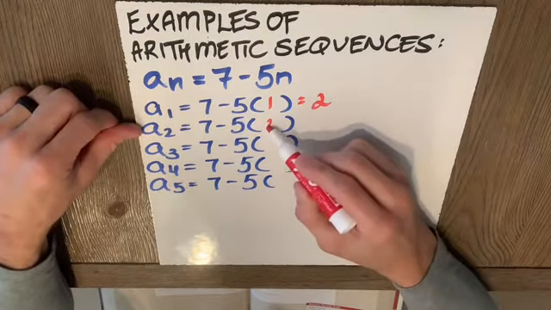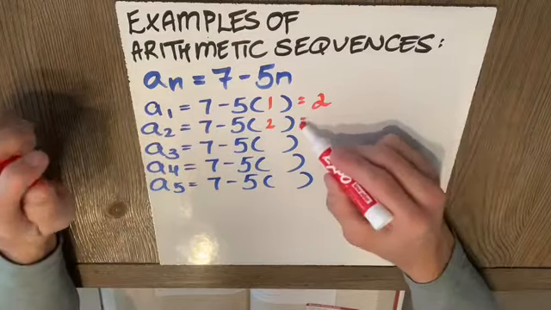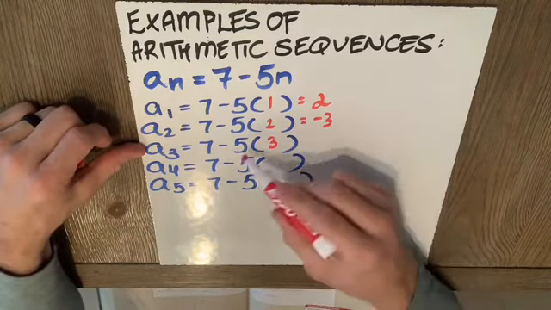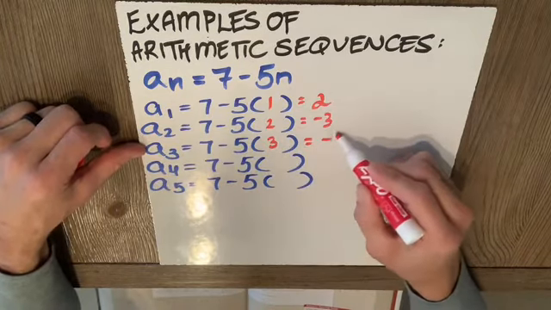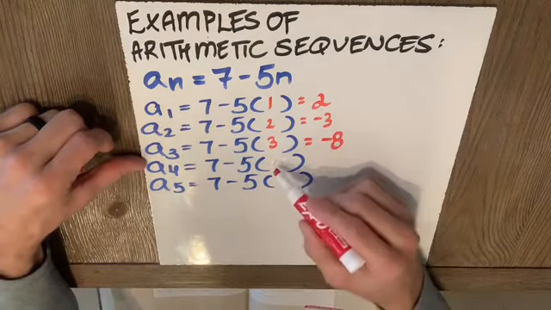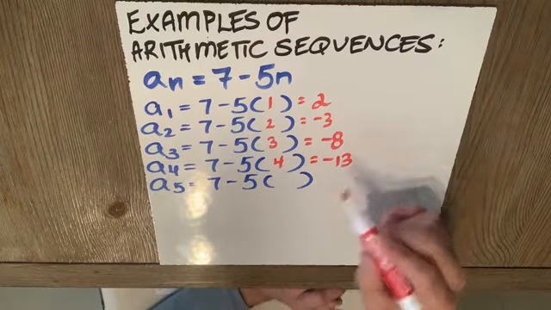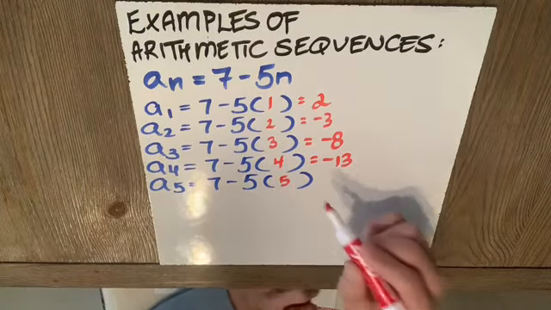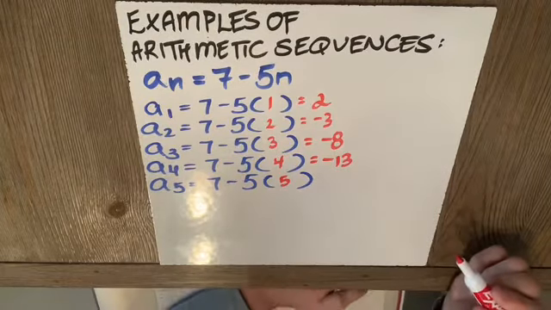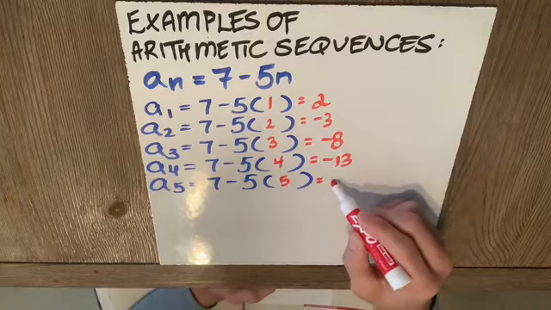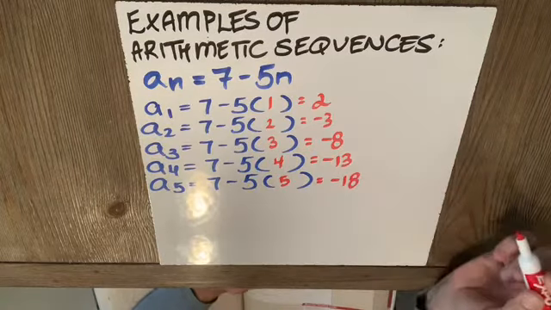If I put a 2 in, I get 7 minus 10, which is negative 3. A 3 gives 7 minus 15, which is negative 8. A 4 gives 7 minus 20, which is negative 13. A 5 gives 7 minus 25, which is negative 18.